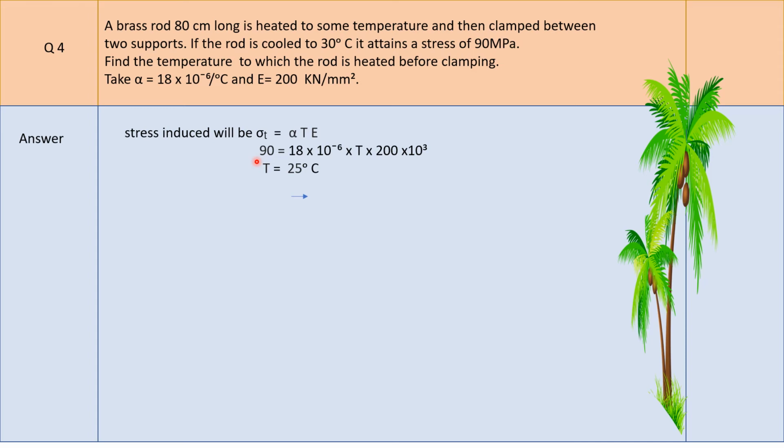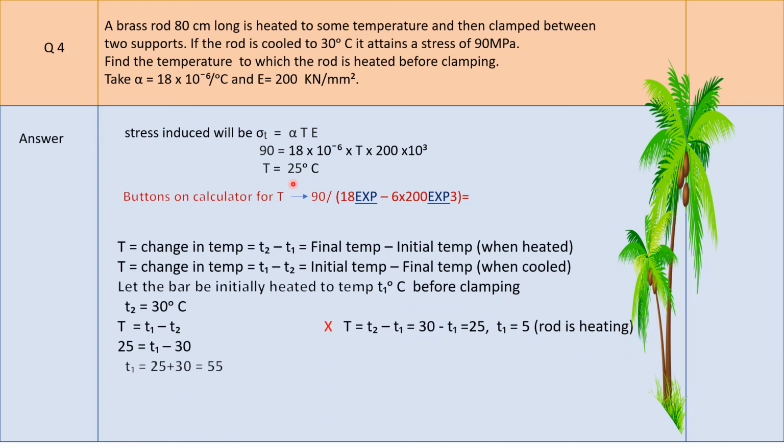You get the answer 25. Change in temperature is 25. Here I am also giving the buttons to be pressed on the calculator. It gives the value of delta T as 25.